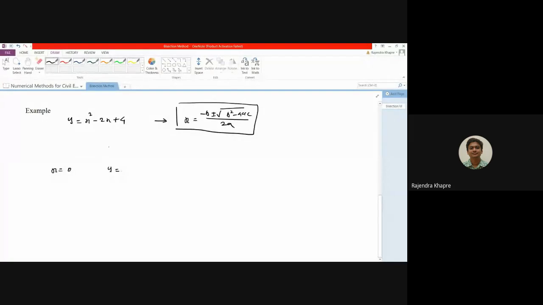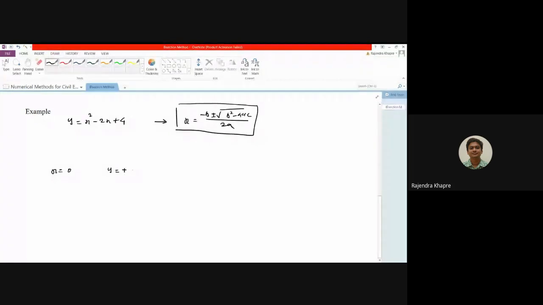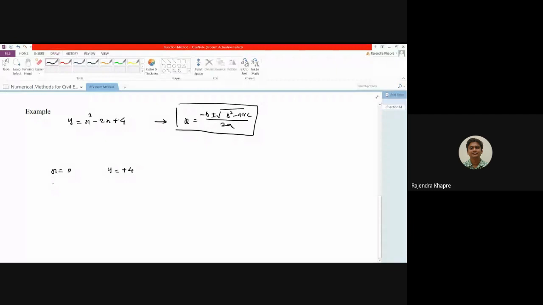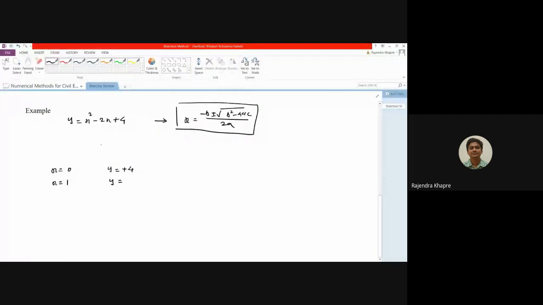Your y value, because x will be 0, this 2x will be 0, and only 4 will come into picture. This will be plus 4. And if you choose x equals 1, the value of y, this will be 1 square, 1 square will be 1, minus 2x, so this will be minus 1, minus 1 plus 4.